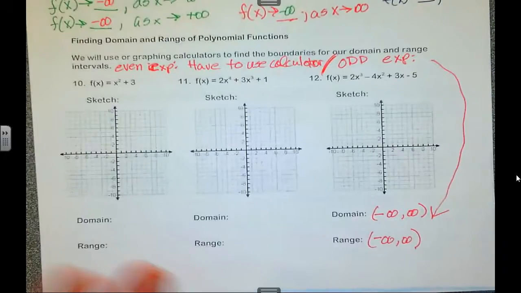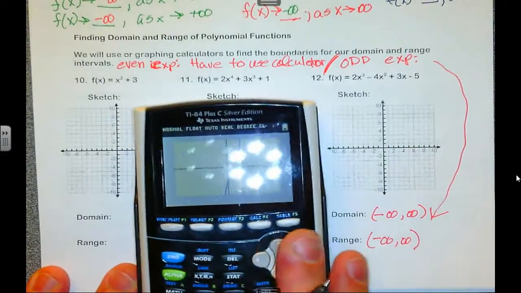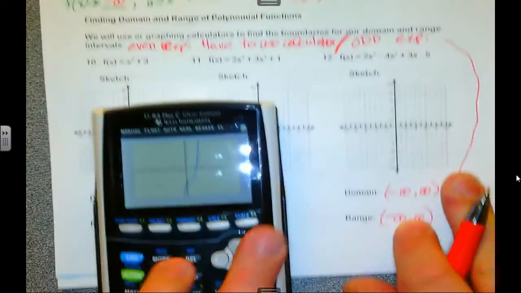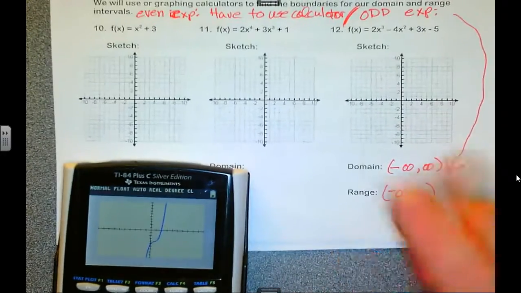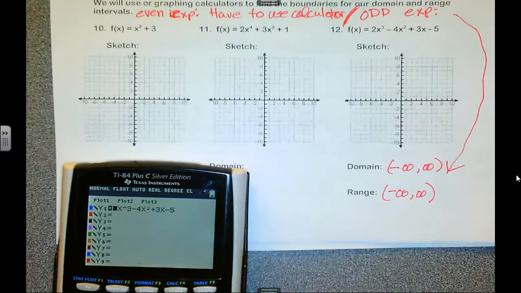Okay. All right, so my polynomial here is x squared plus 3. It's an even exponent, so I have to put in my calculator, x squared plus 3, graph it.